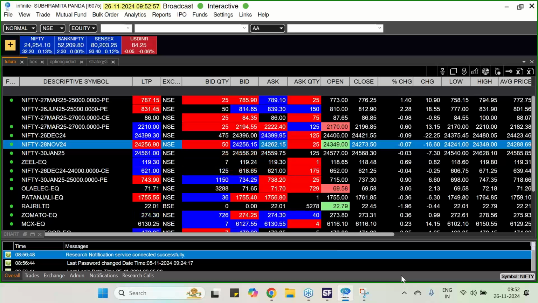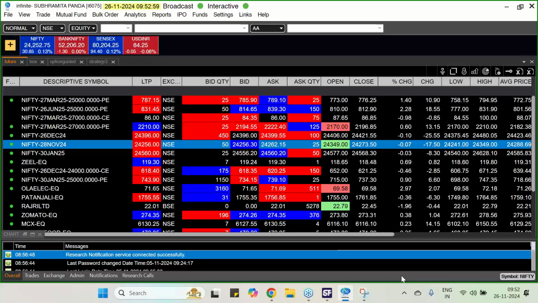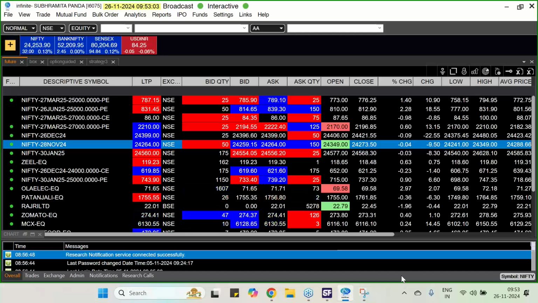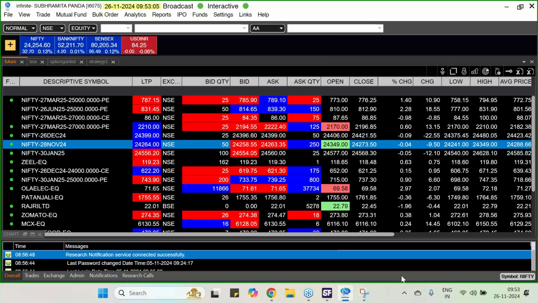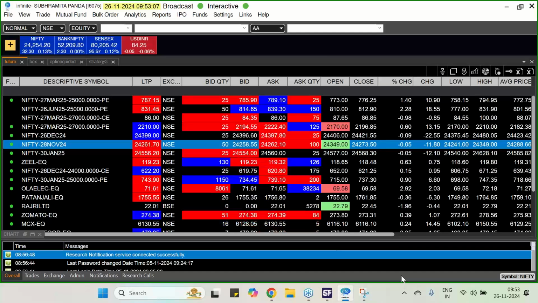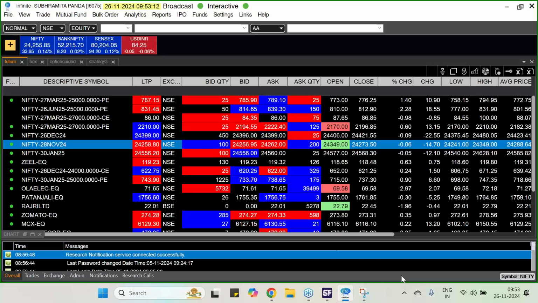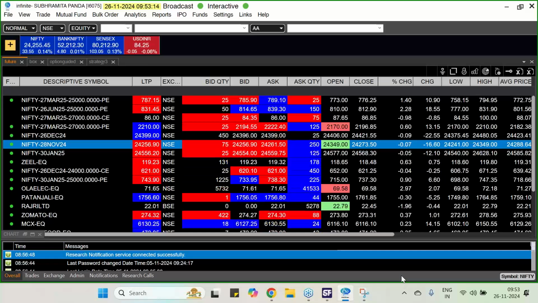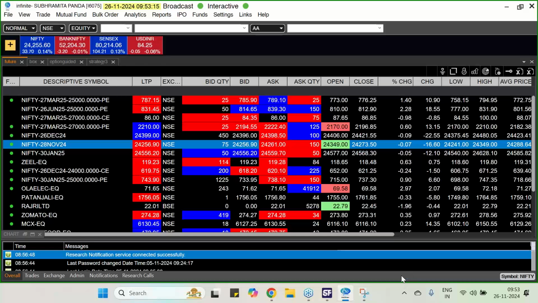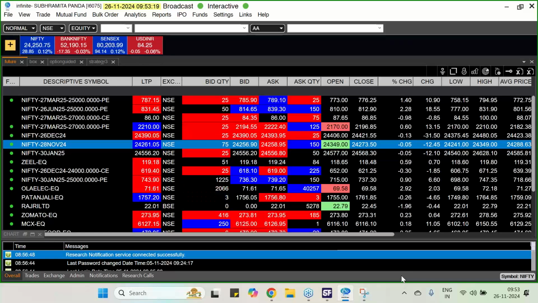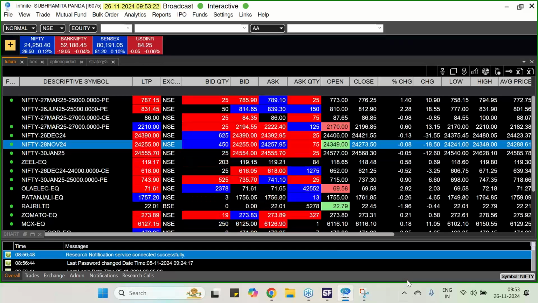Now 66.97, 24,267 to 67 is the toughest level to break. If that breaks, only then can it go to newer levels. By this process, futures are down negative and spot is positive by a couple of points, 20-30 points positive.